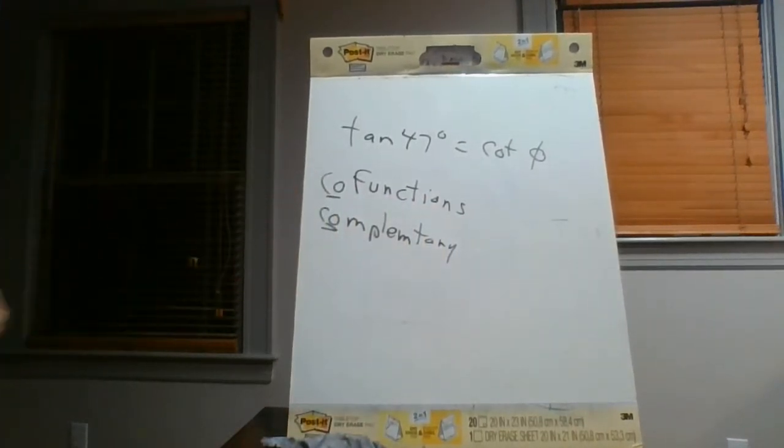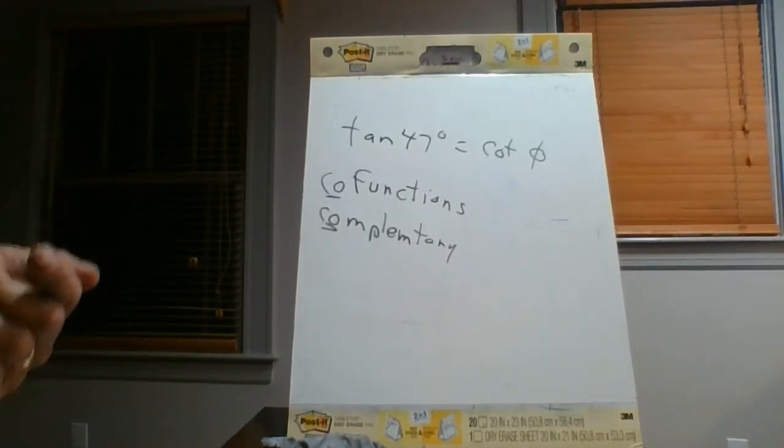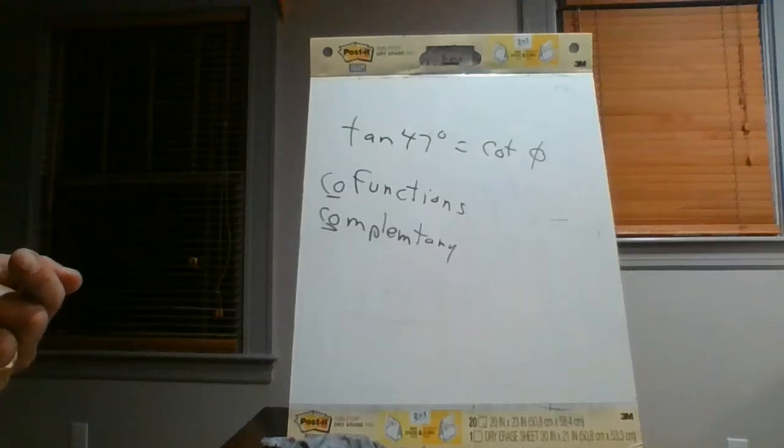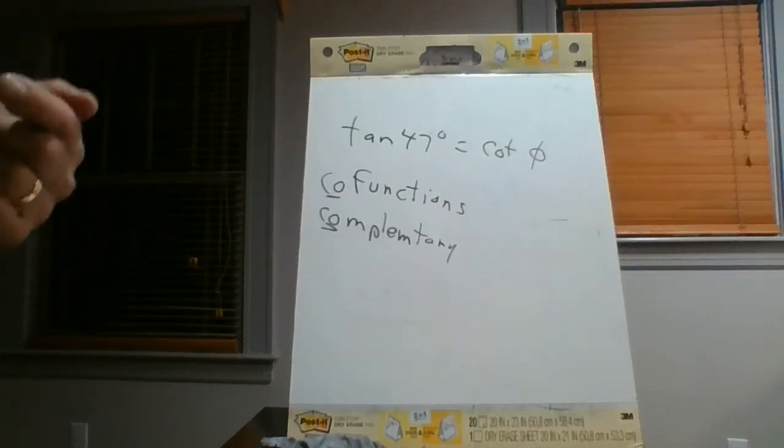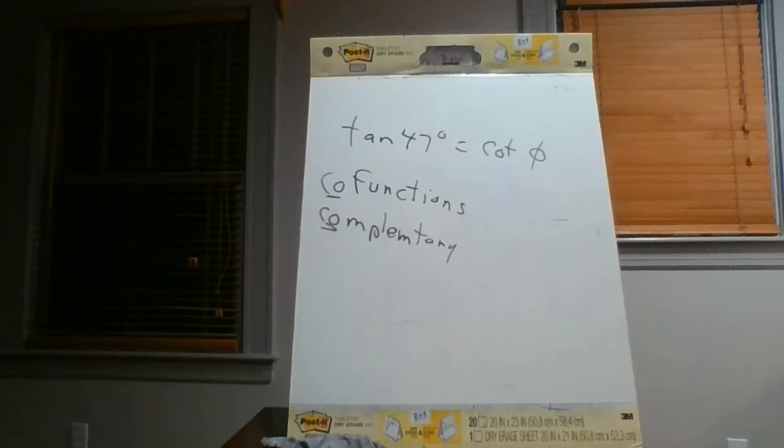If two angles are co-functions, sine, cosine, tangent, cotangent, secant, cosecant, then the trig function of one of the angles equals the cofunction of its complementary angle. I'll say that again.